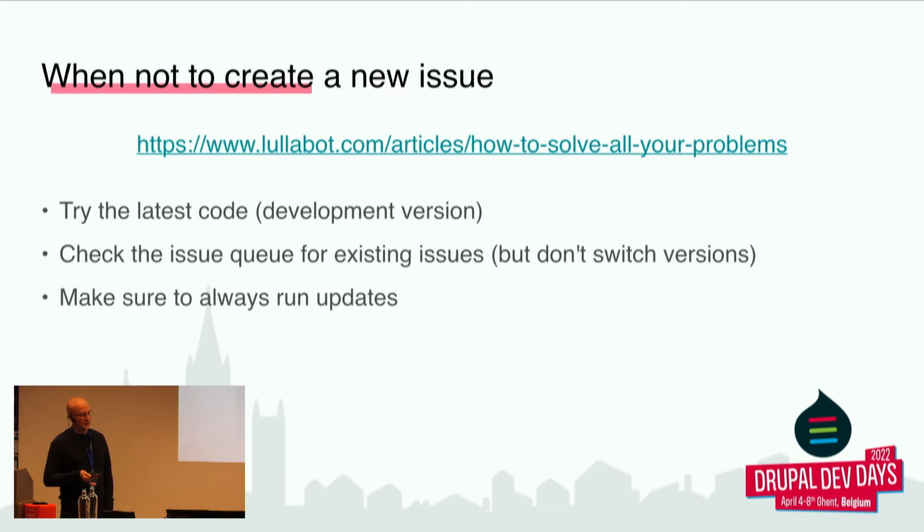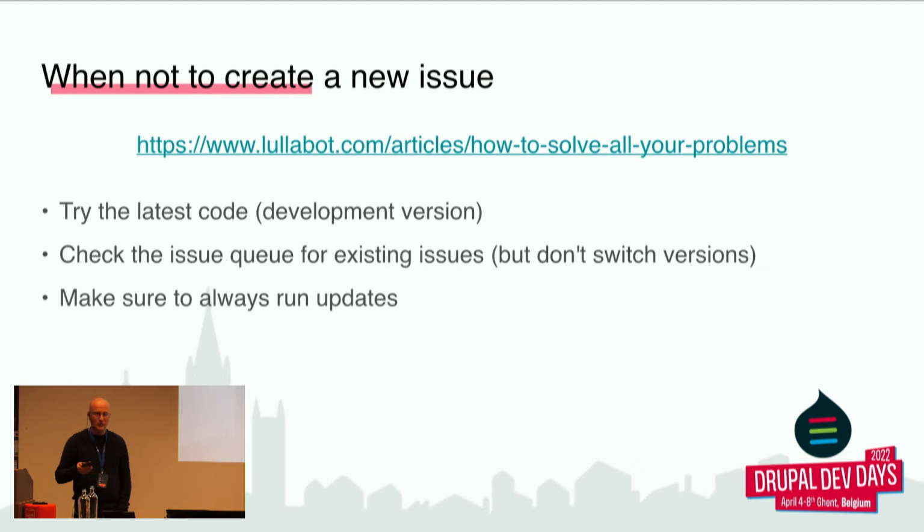Basically, it's a summary of that article. There's a few steps that you should take before actually creating an issue. One of them is you can try the latest code, the development version. The issue might actually have already been solved. You should obviously check the issue queue for existing issues.